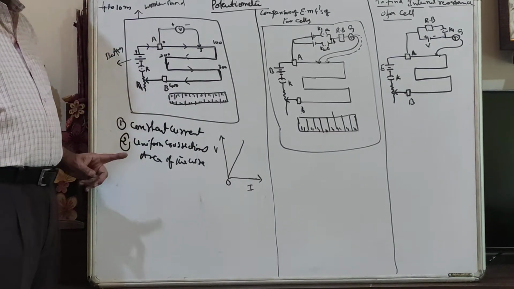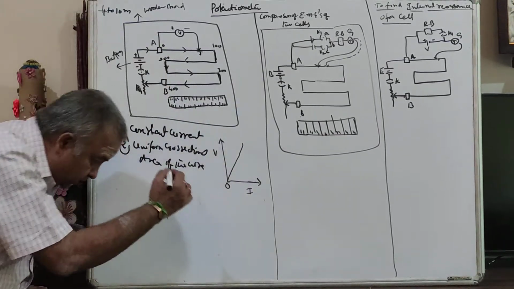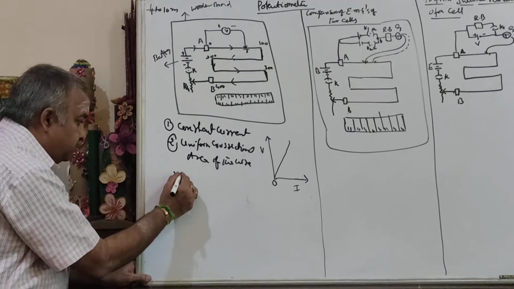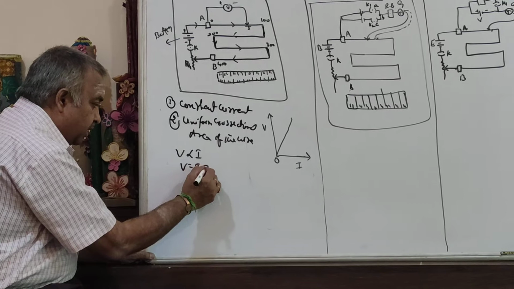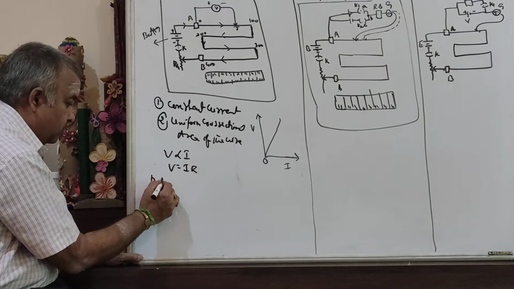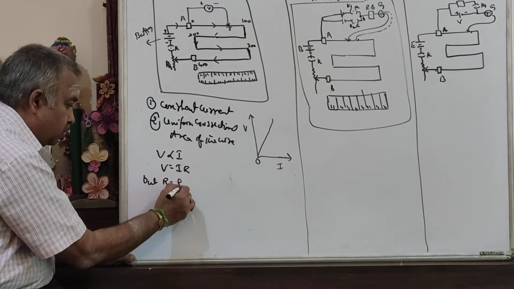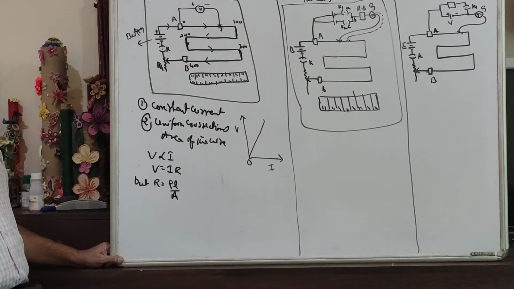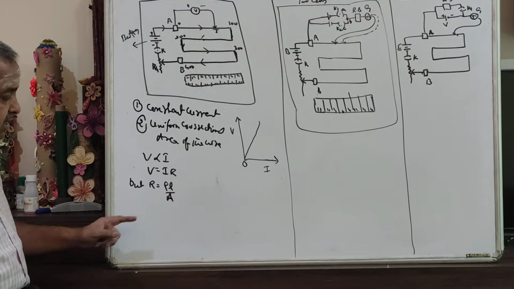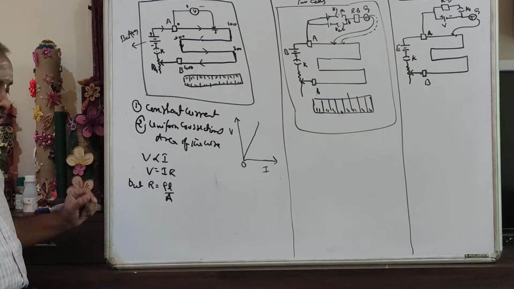These are the two important points. As you know, according to Ohm's law, V is proportional to I, or V is equal to IR. But as we know, R is equal to rho L by A. What is rho? Resistivity or specific resistance. L is the length of the wire, A is the area of cross section.